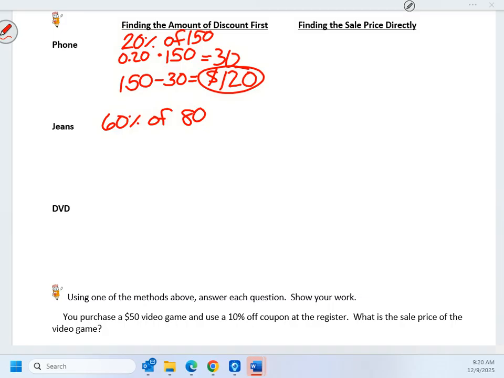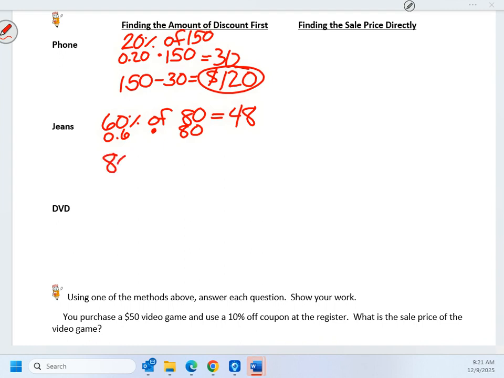What did you get, Matt? Because we do 0.60 times 80, we get 48. Is 48 our answer? No, that's how much we take away. That's what we're taking off. So we have to go to our original amount.